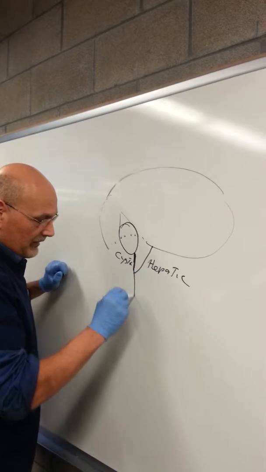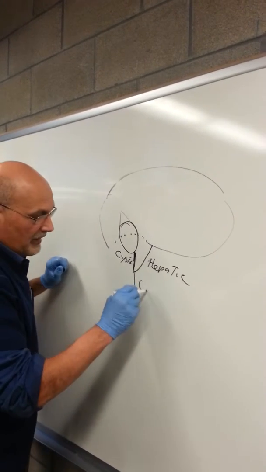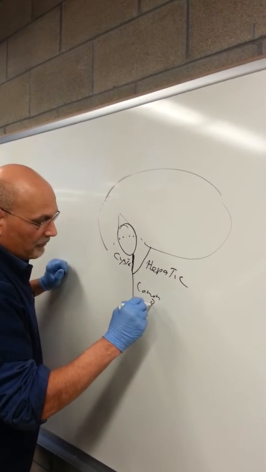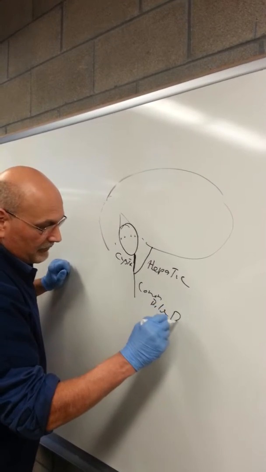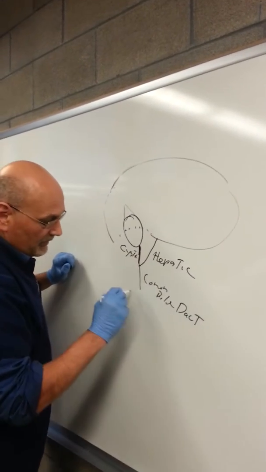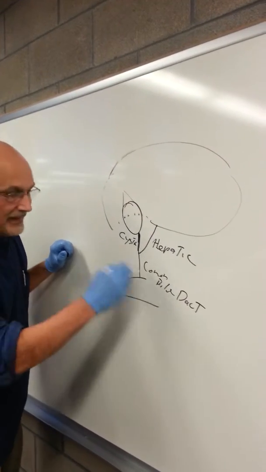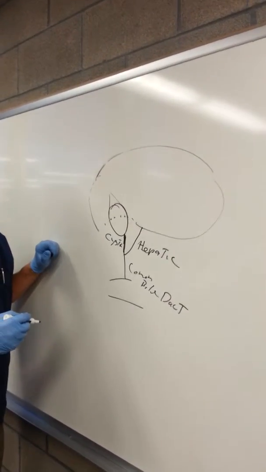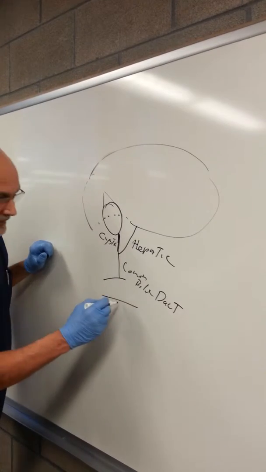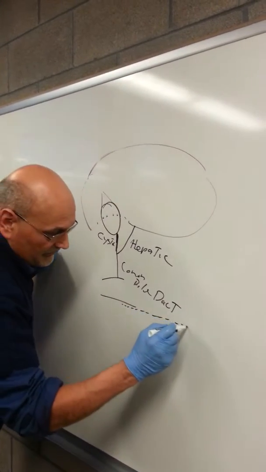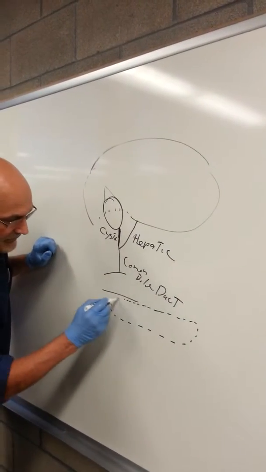Where they meet and enter the duodenum is the common bile duct. And they're going to meet at the duodenum. Okay? So that's right near the stomach. And then right under this area here is where you're going to find the pancreas.